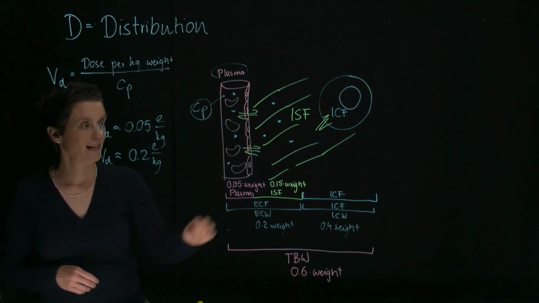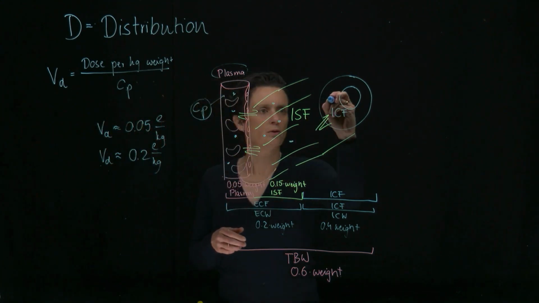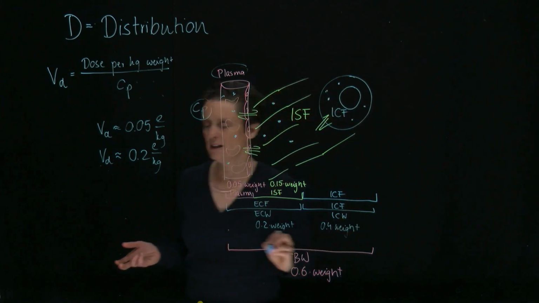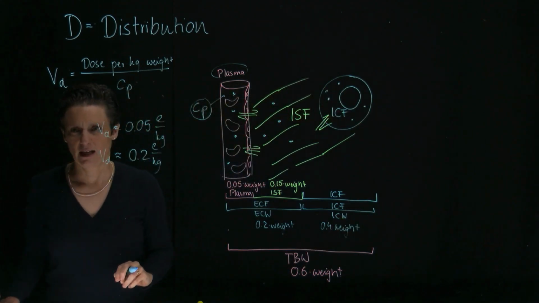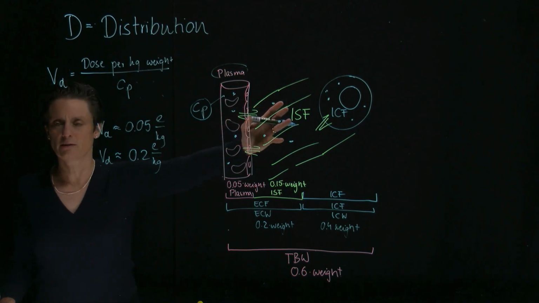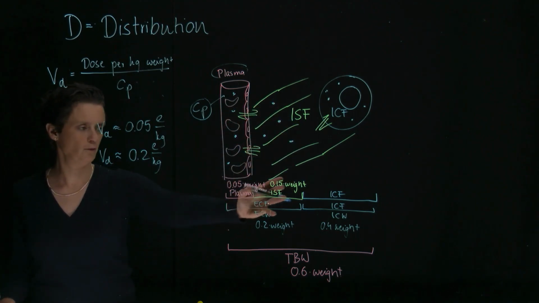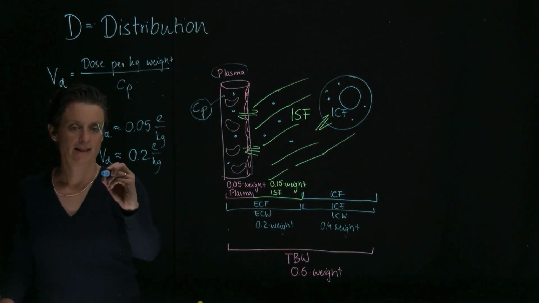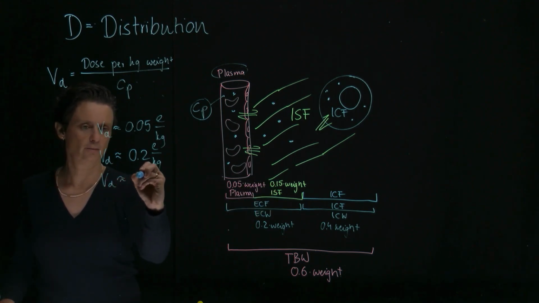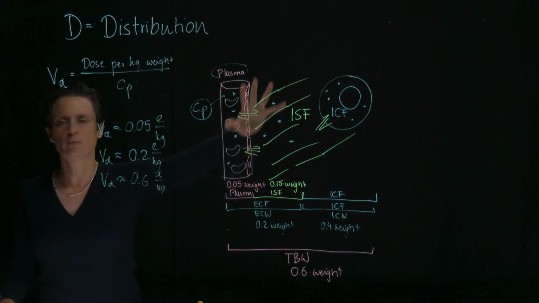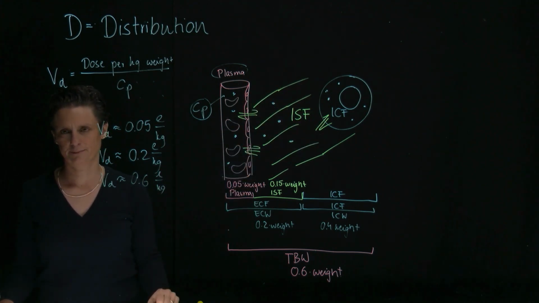Now let's suppose this drug also passed the plasma membranes and got into cells. It's going to also distribute intracellularly, so into intracellular fluid or intracellular water. Then we would expect a volume of distribution of 0.6 liters per kilogram, because now we are in total body water.